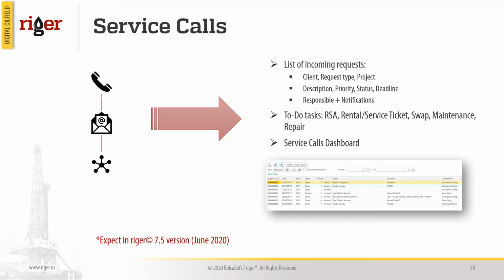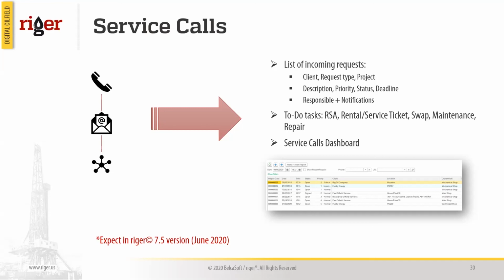So you will be able to prioritize these service calls and also set deadlines for your employees to perform these service call requests. Definitely each service call request will have a responsible person, and notifications can be sent automatically to that person.